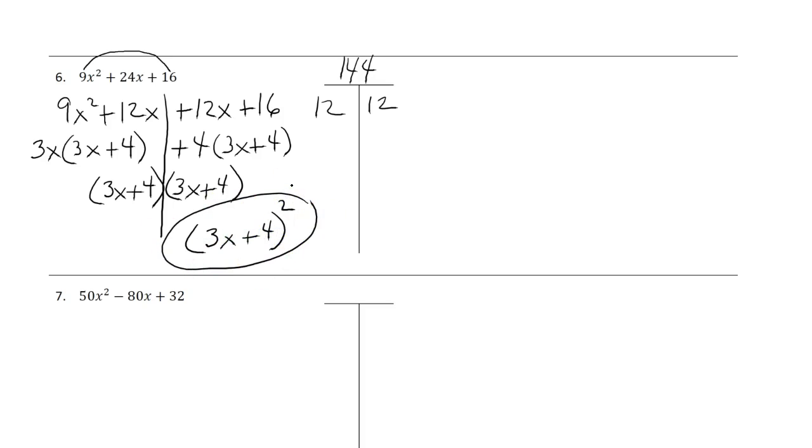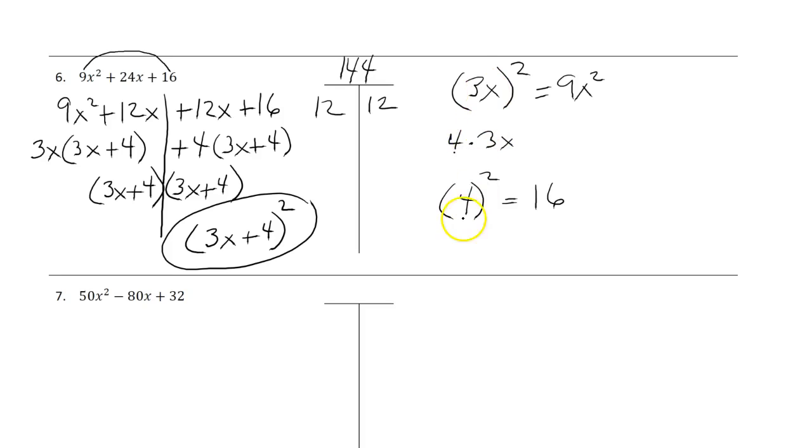To use the shortcut, I needed to check whether it fit the pattern. The first term is a perfect square. The last term is a perfect square. So I need to check if the middle term is double the product of the square roots of these two terms. 2 times 4 is 8, times 3 is 24x.